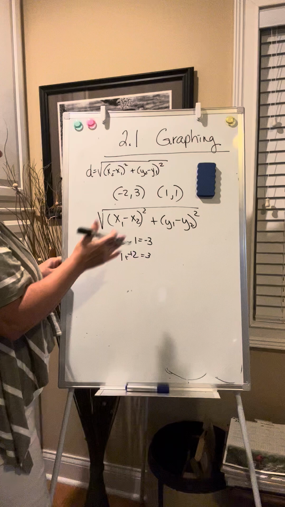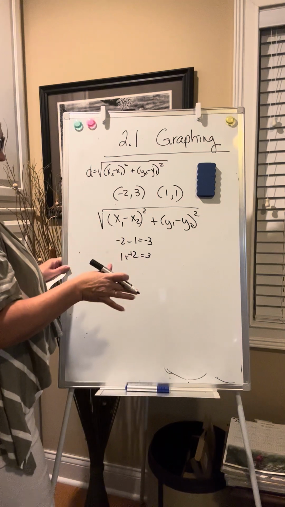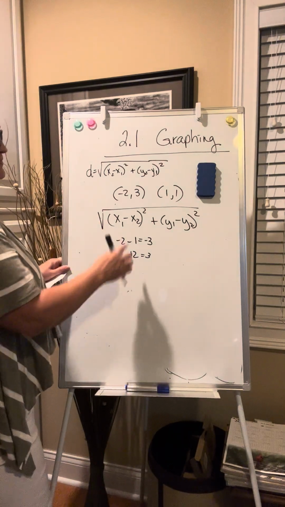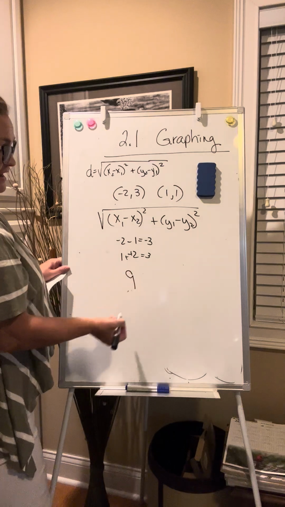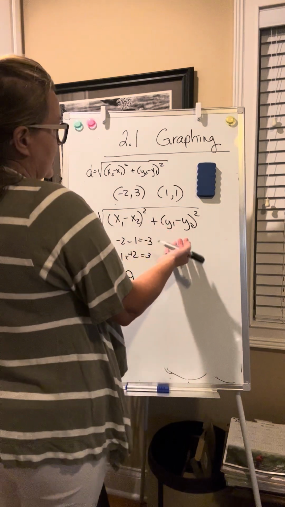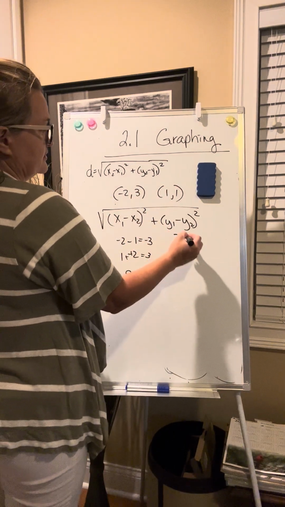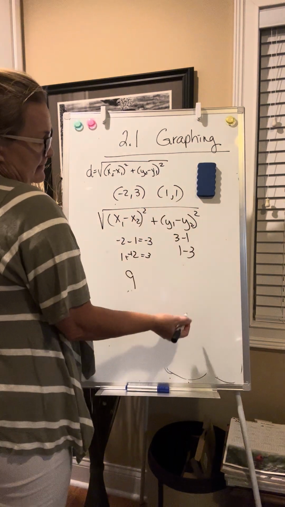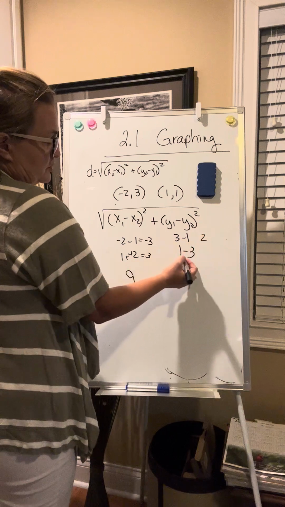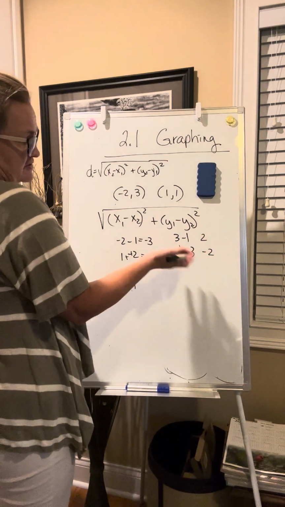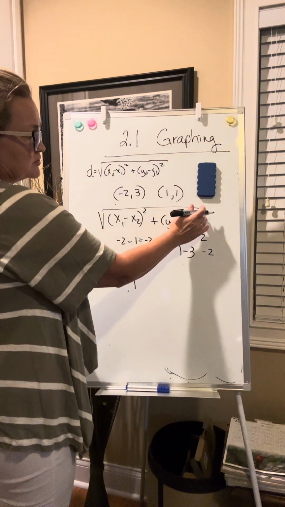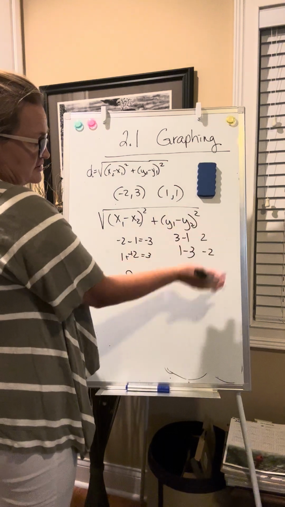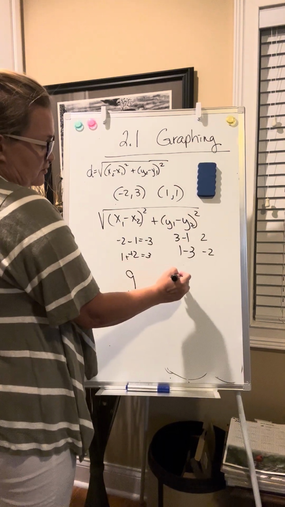Either way you think about it, just subtract the x's, either direction, then square it, you're going to get 9. Same thing for the y's, either do 3 minus 1 or 1 minus 3, these 2 y values. 3 minus 1 is 2, 1 minus 3 is -2, so you see it does not matter because we're squaring that number. 2 squared is 4, -2 squared is still 4.